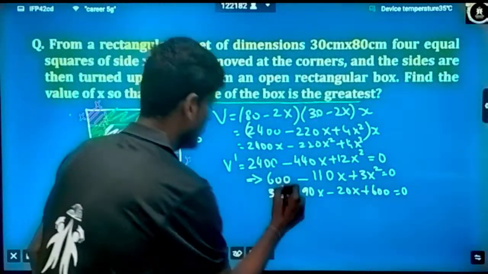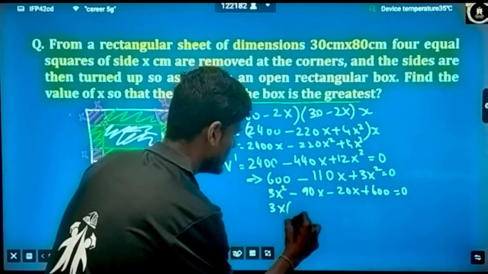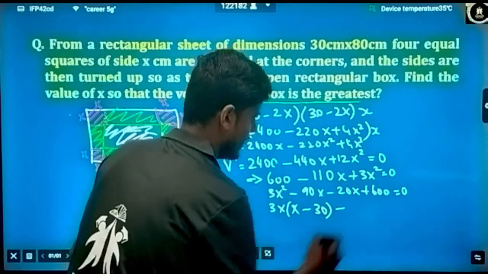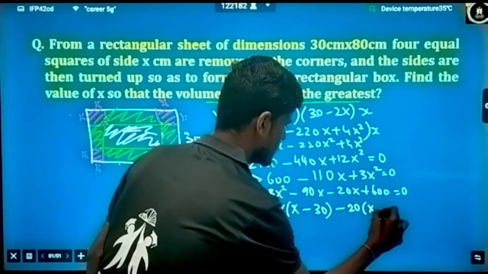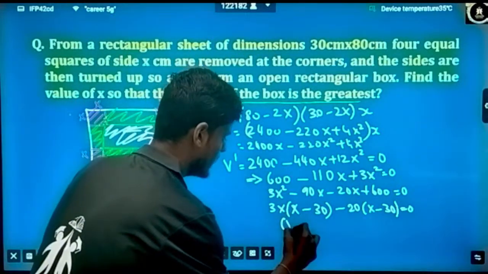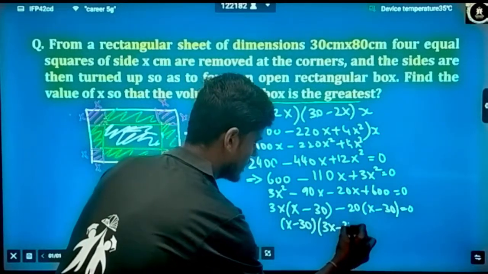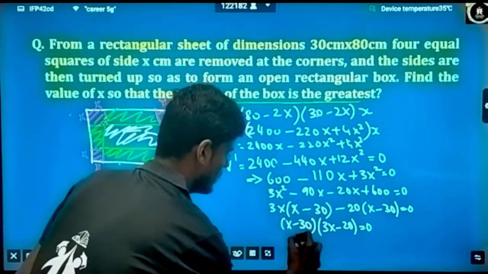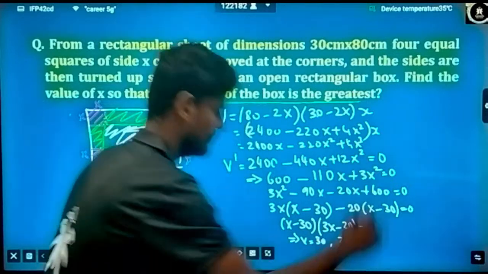Now what are the factors? Here 3x is common from the first two terms. So 3x into x minus 30, minus 20 is common, 20 into x minus 30 equal to 0, which means x minus 30 into 3x minus 20 equal to 0. Okay, that means x is equal to 30 or 20 by 3.